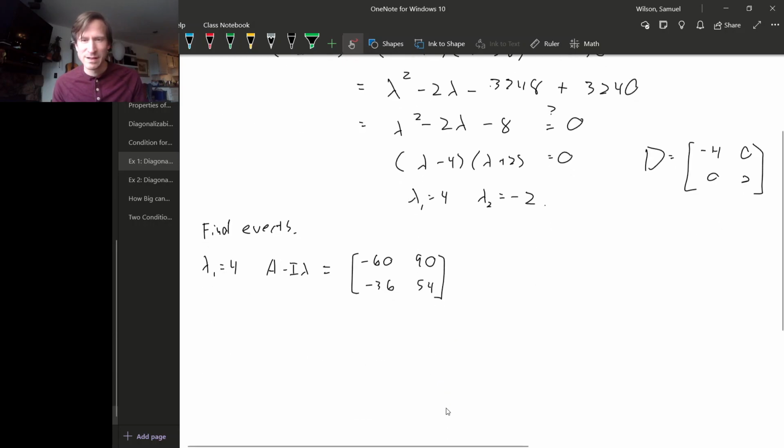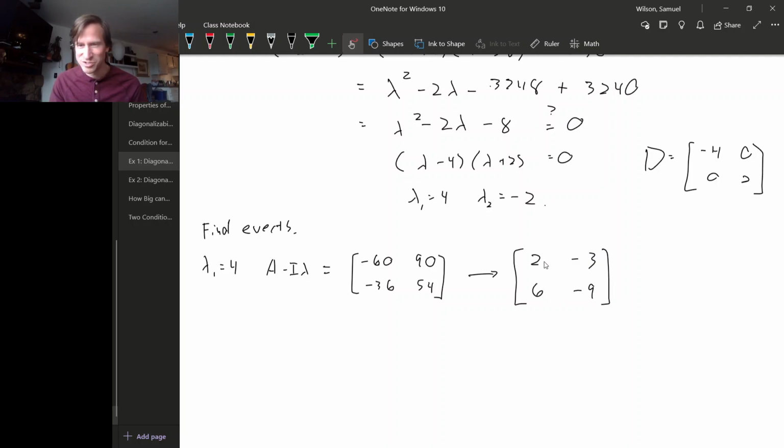Okay, let's see. We need to row reduce this, so let's take some low-hanging fruit, and it looks like everything is divisible by 6. Actually, why don't we divide this first row by minus 30? Maybe that's going to be the easiest way. So we're going to get 2 and minus 3. And then, let's see, second row, divide this by minus 6, I guess. We're going to get positive 6, and then minus 9.